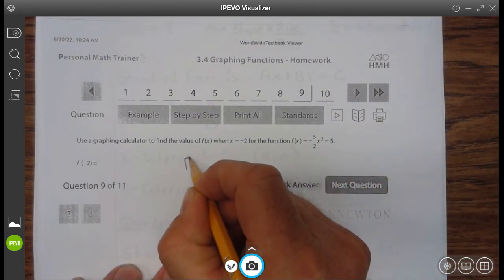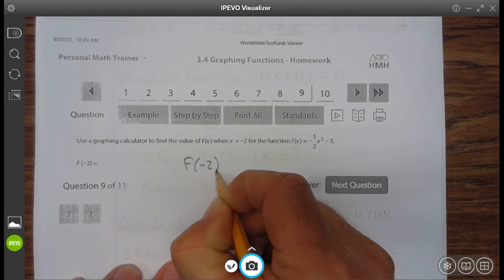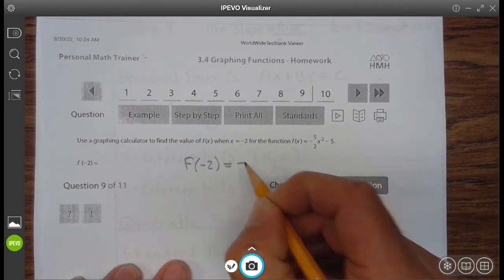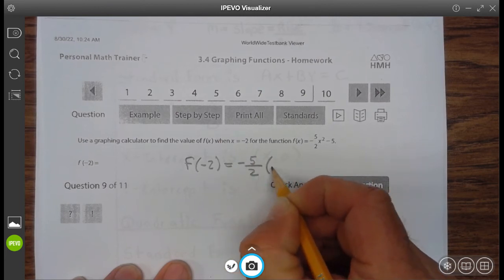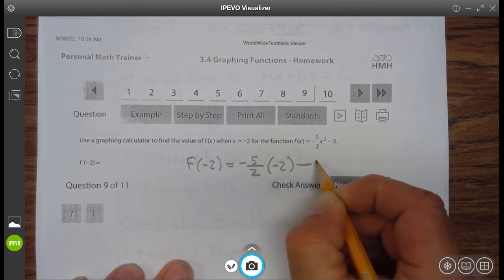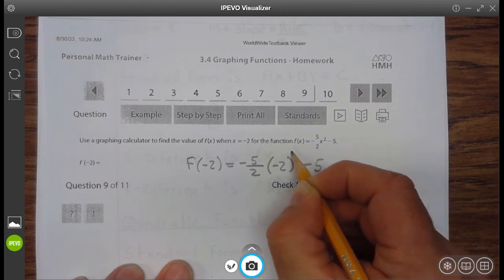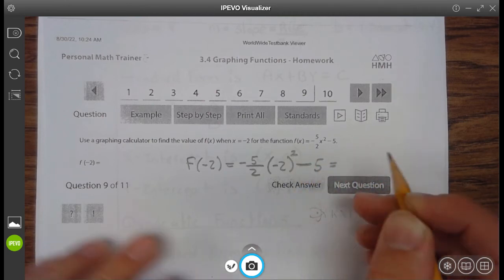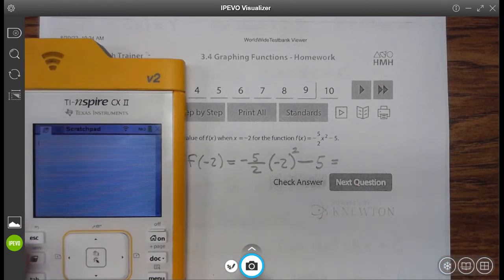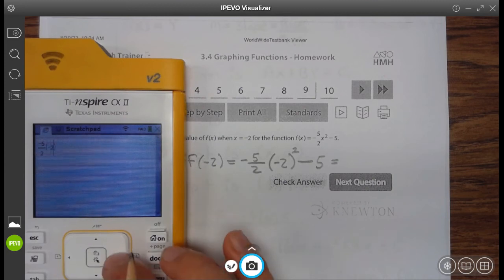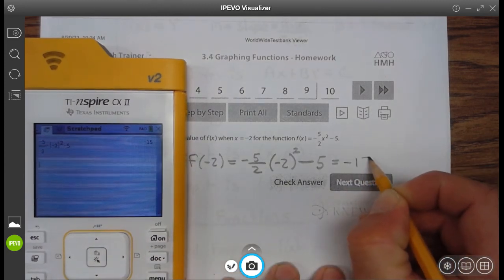That's f of -2 equals -5 divided by 2, parentheses -2 minus 5. Oh, almost forgot that's squared. So we'll plug that into our calculator. Control divide, -5 divided by 2, parentheses -2 squared minus 5, is -15.